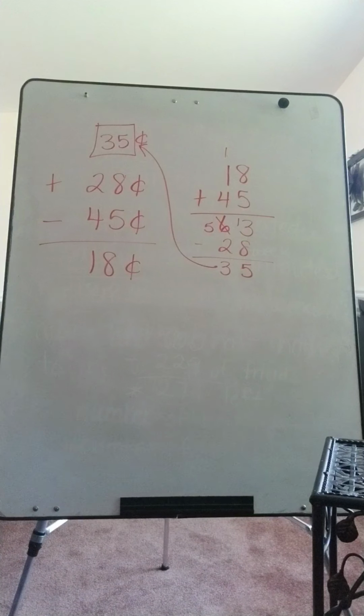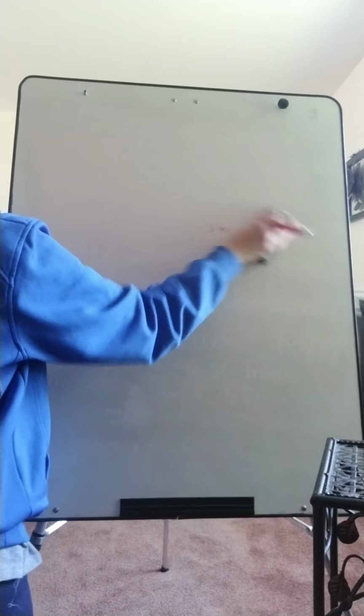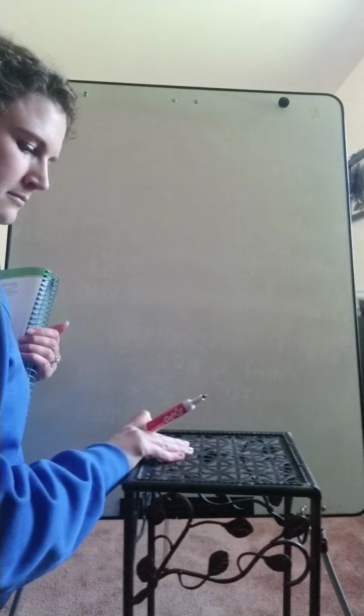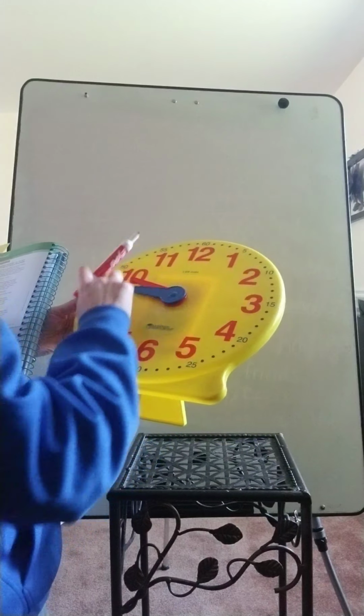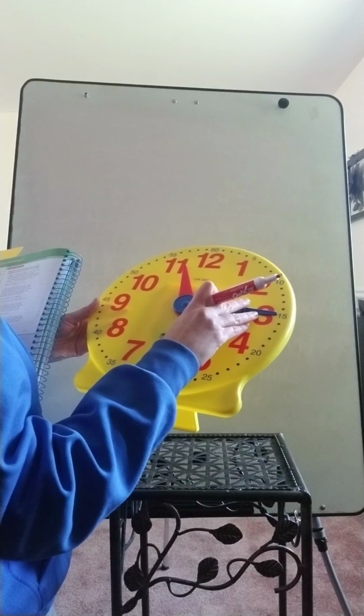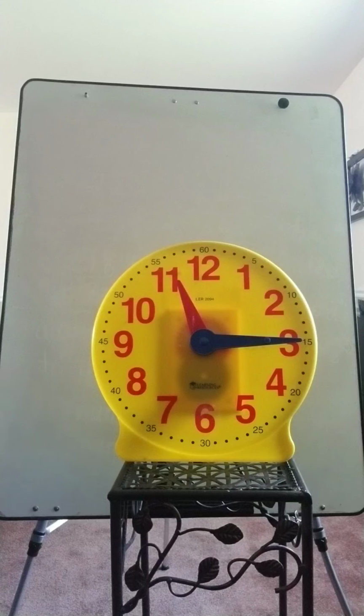Number 4, an art studio opens with a 1-hour pottery class. Then there is a 45-minute drawing class that ends at 11:15 a.m. What time does the studio open? Let's get our clock back out. All right, so we get 11:15 here. Okay. So the class ends at 11:15.